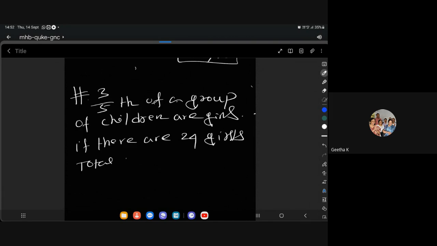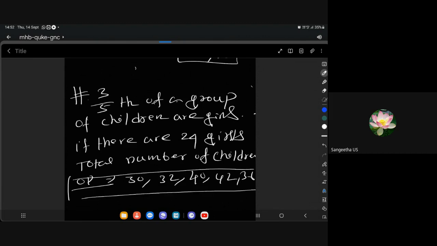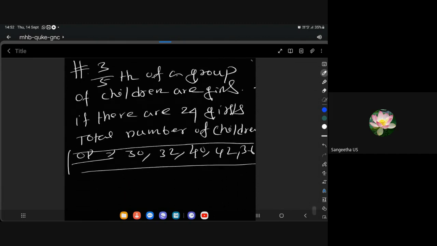You have to find the total number of children. Options are 30, 32, 40, 42, 36. So 3/5 of a group of children are girls, and there are 24 girls. What is the total number of children?